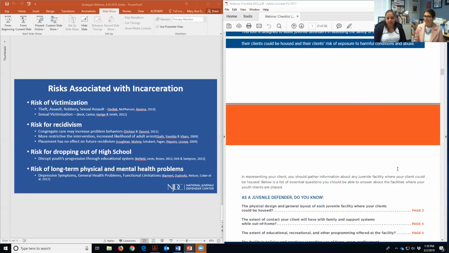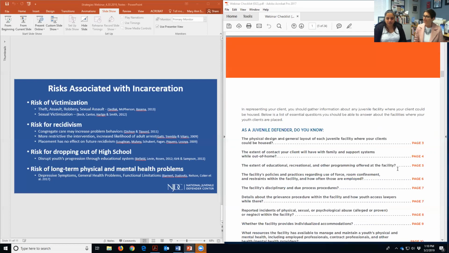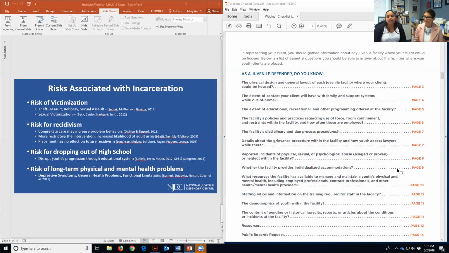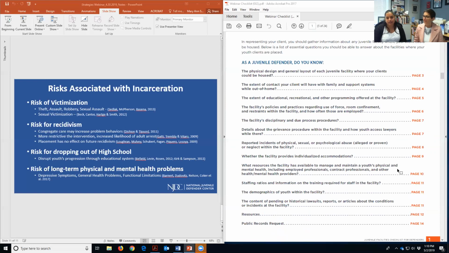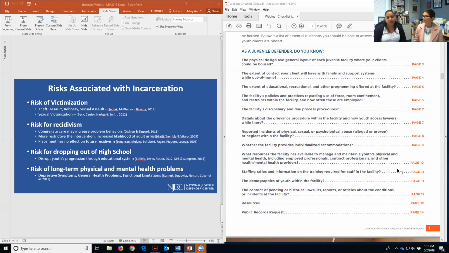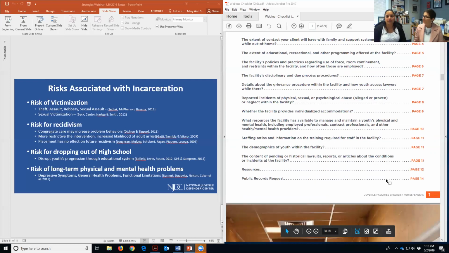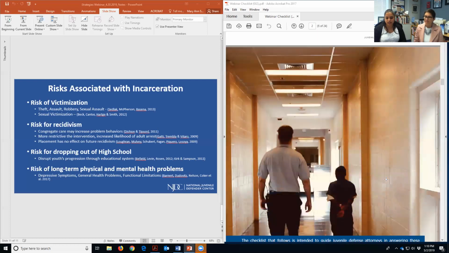were designed to aid defenders in learning about the facilities so that they can use the data and information collected in their advocacy. So as you can see on the screen, we break down the information into certain categories that you can find by page number. And we're going to skip ahead to learn a little bit more about the physical designs of facilities.